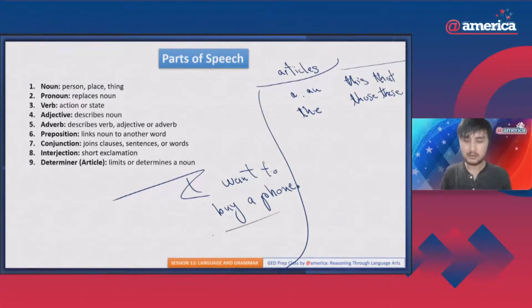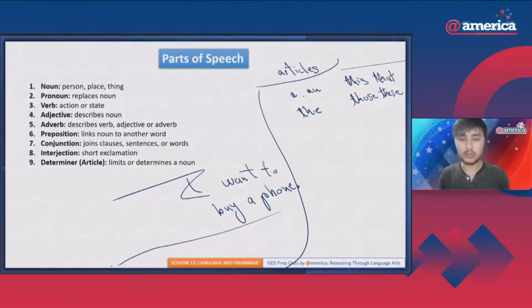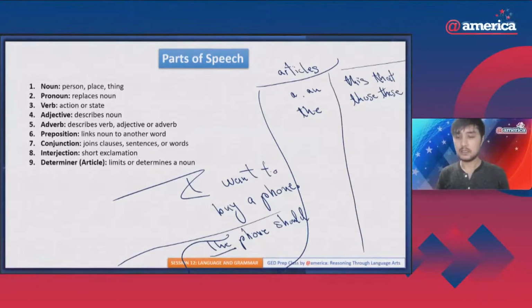Then you go on and say, "The phone that I want to buy should have these specifications, or these specs." That's when you use the. A and an are used for singular nouns, for one thing, one place, one person. And the can be used for both singular and plural.